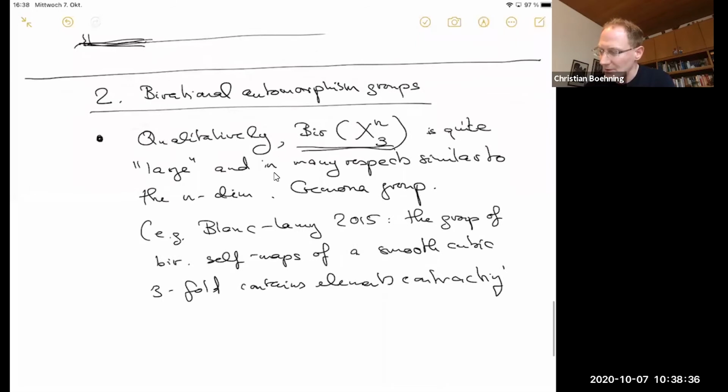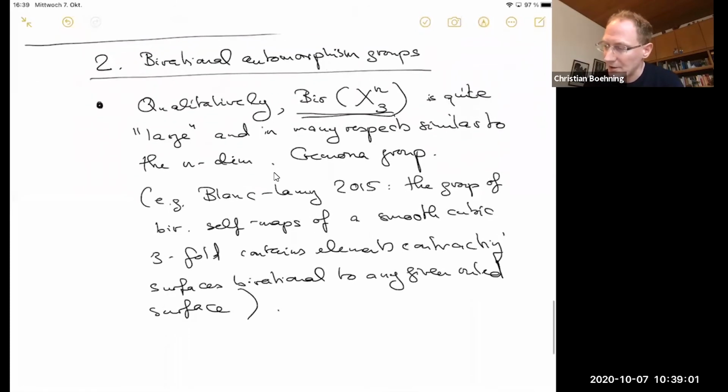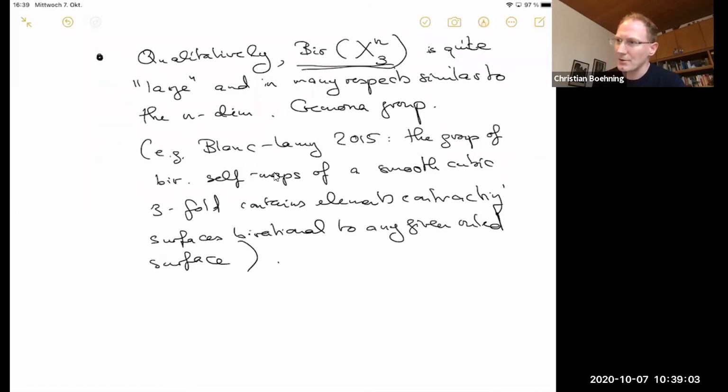So you can contract any ruled surface birationally. This also shows that these groups are very large and very much not countably generated in any sense of the word.